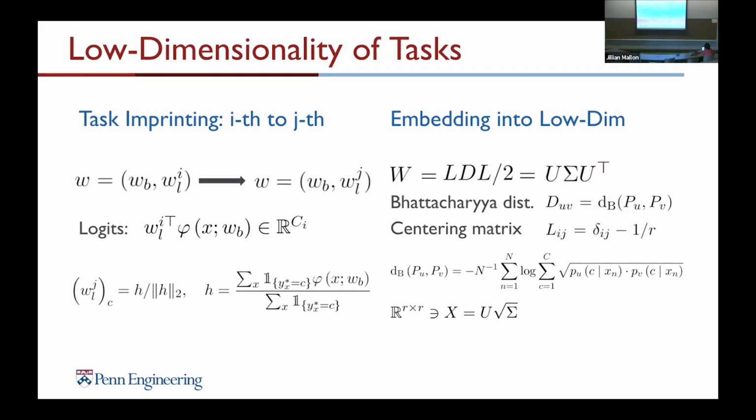So we can just use the Bhattacharyya distance right here. And after we gather everything we want, we can compute the low dimensional matrix X for each task, of some arbitrary dimensions R by R.